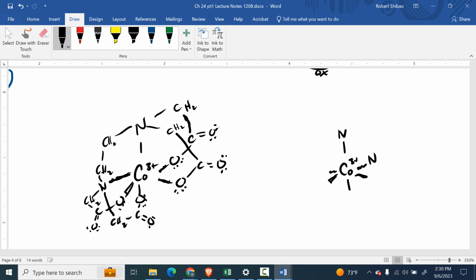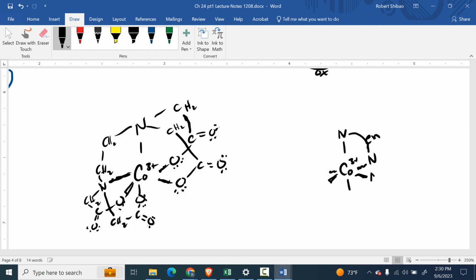So for example, if I do ethylene diamine, I did the formula, but I can use the abbreviation instead of the formula here. So en is the abbreviation for ethylene diamine. 2 nitrogens bonded, and I'll just write en there. They have to go into adjacent bonds. I can't go opposite at 180° because it's too far away.